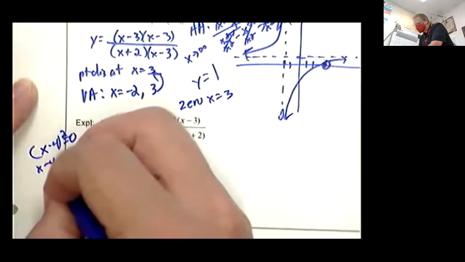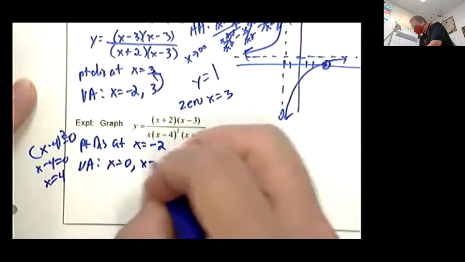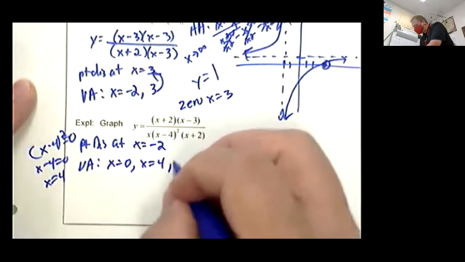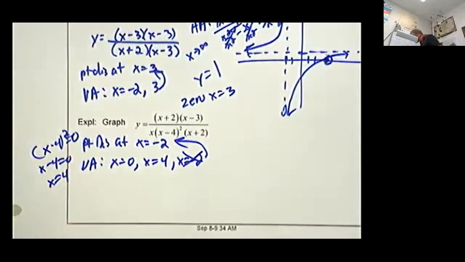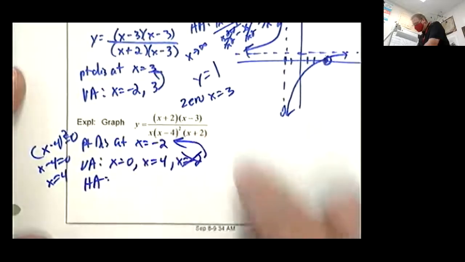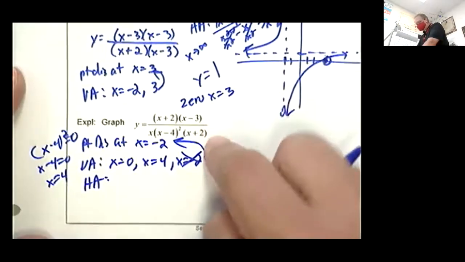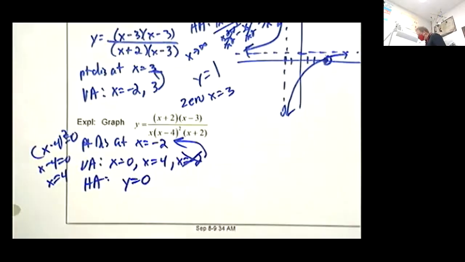That's x minus 4 equals 0, so x equals 4. And x equals -2, but that's already our point discontinuity, so that doesn't really count. Our horizontal asymptote, again, the degree of the denominator is going to be greater than the degree of the numerator, so that's going to be y equals 0.